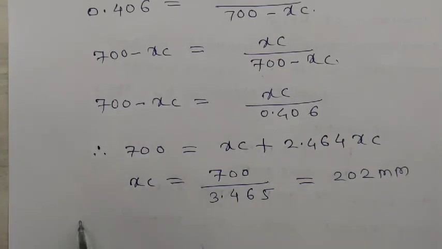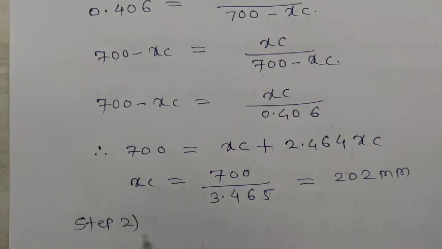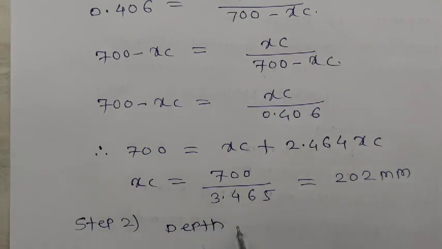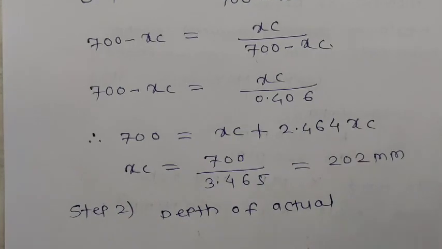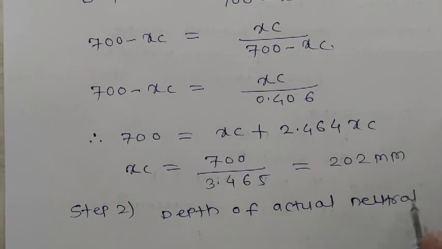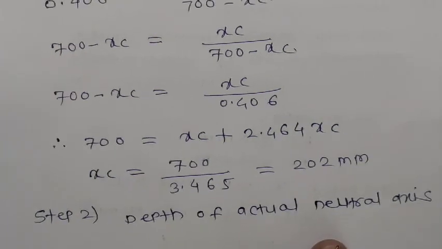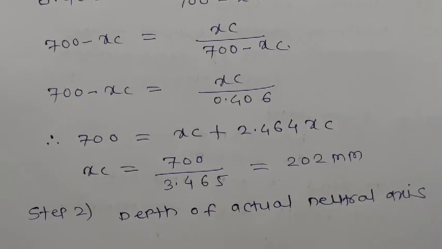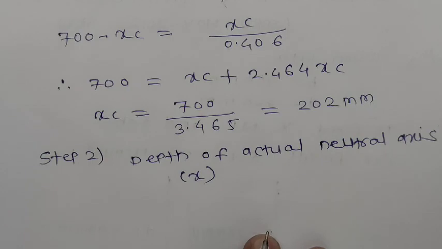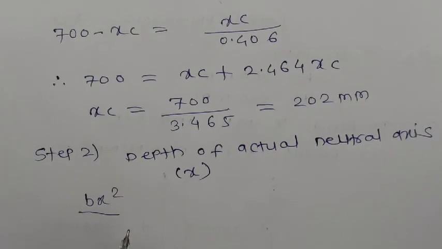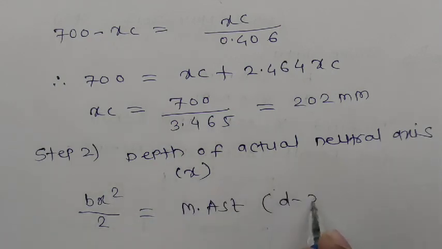Step 2. Depth of actual neutral axis x. Then b x square by 2 is equal to m AST into bracket d minus x.